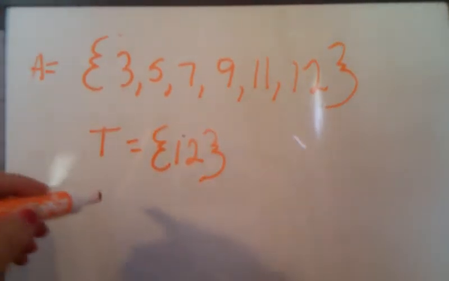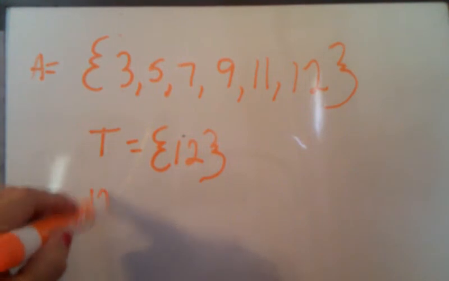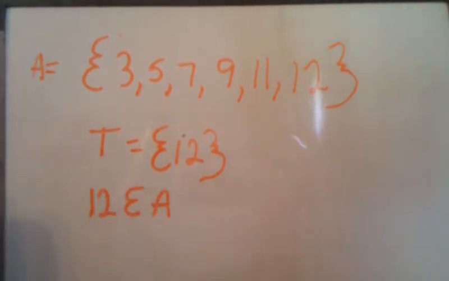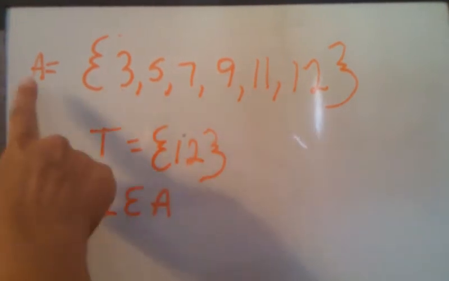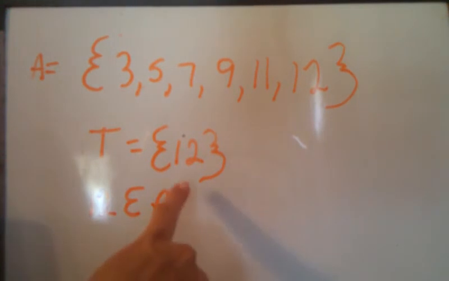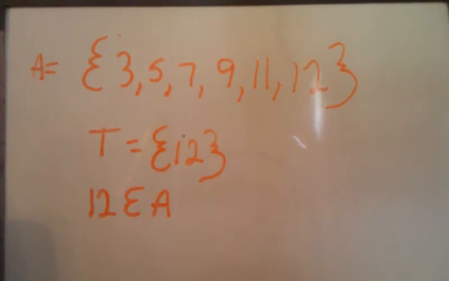I could say 12 is an element of A because 12 is an element of set A. T equals 12 is the replacement set or truth set for the unknown variable X that makes the statement true.